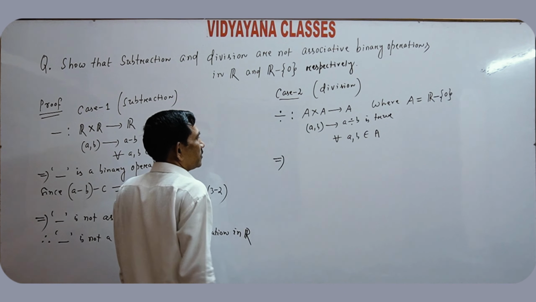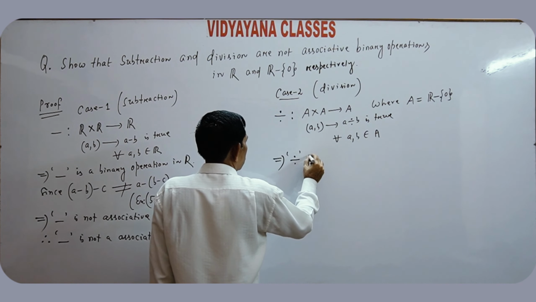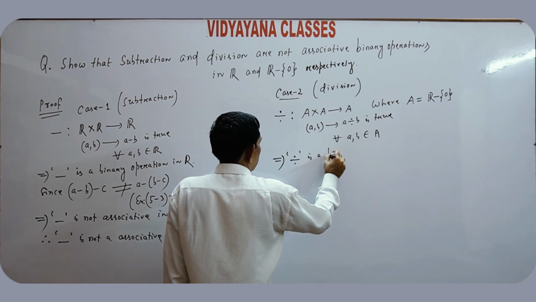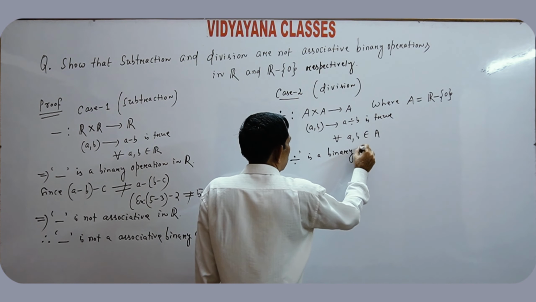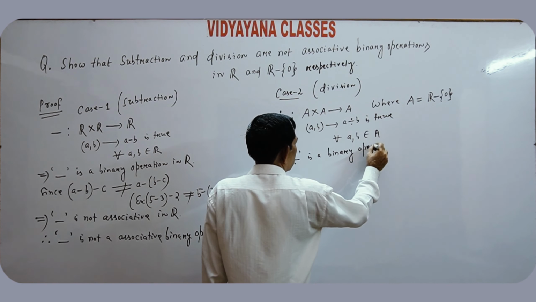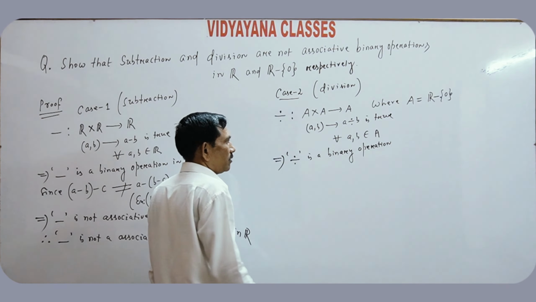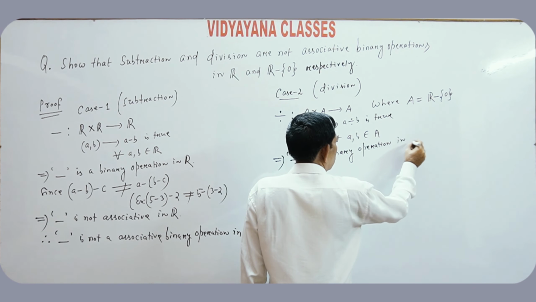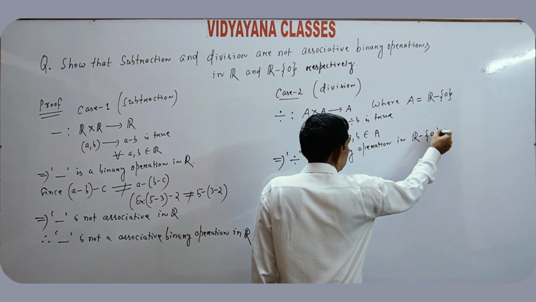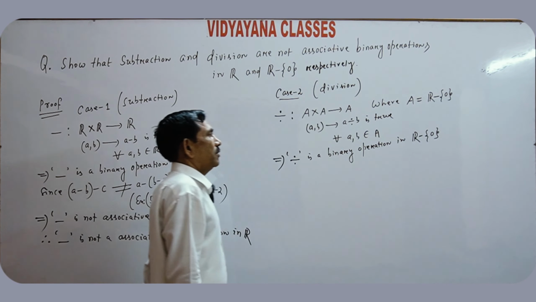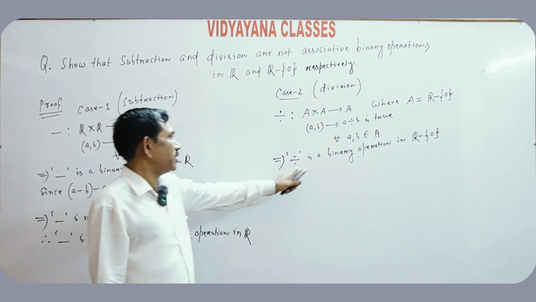Implies yes, division is a binary operation in the set of real numbers except 0. Clear? Division is a binary operation.